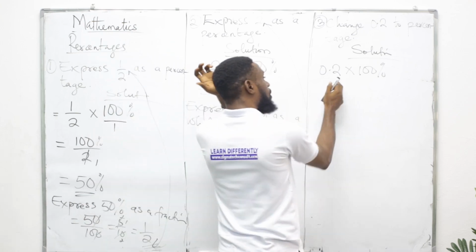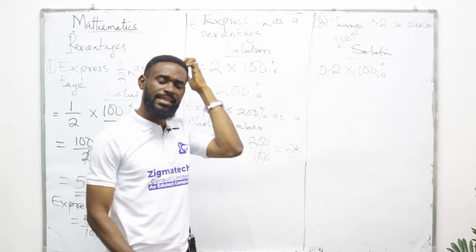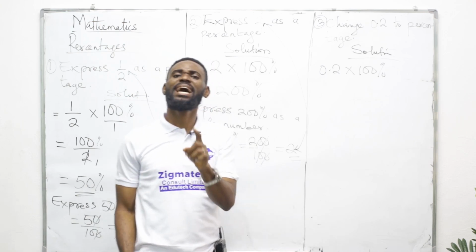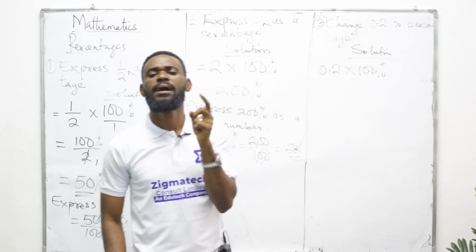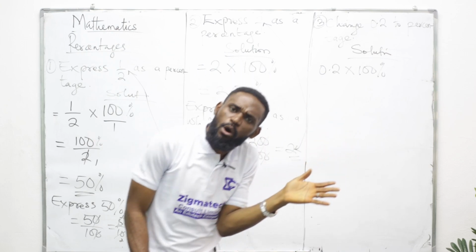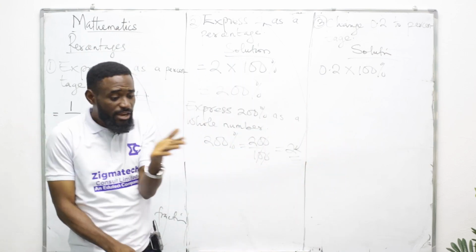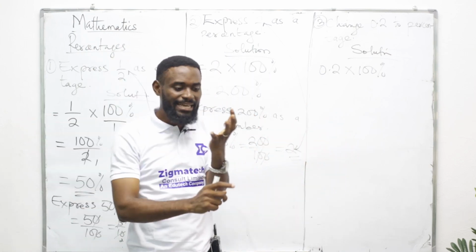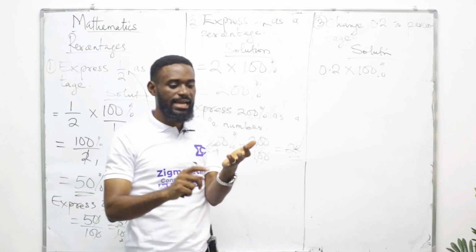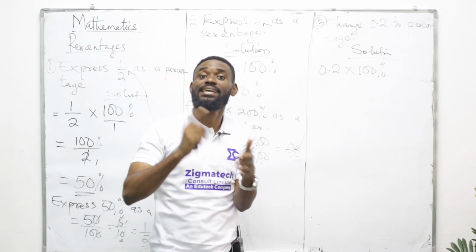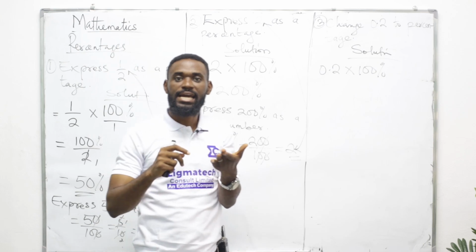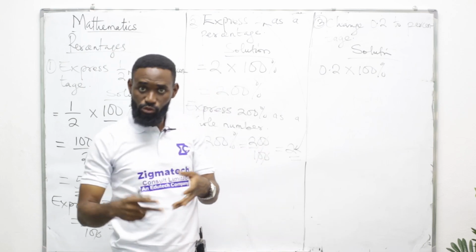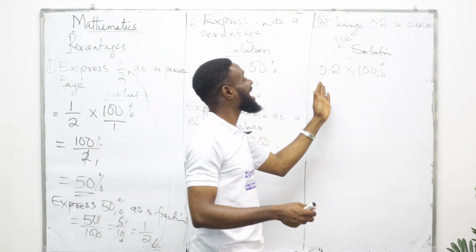So now when you are multiplying a decimal number by any number in the power of 10, that is by 10, by 100, by 1,000, by 10,000, by 100,000, you get the point?